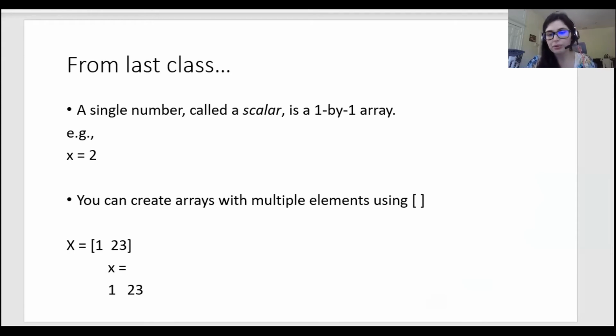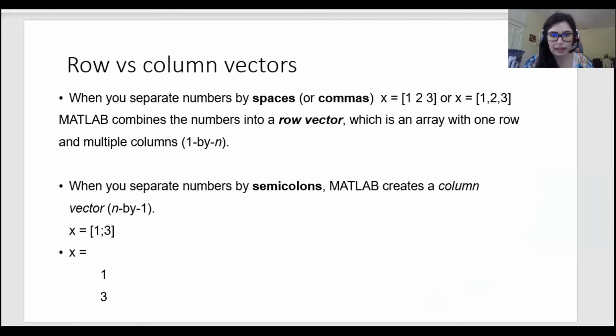It doesn't matter if you put a comma or just space them out, MATLAB will read it exactly the same way. If you space the elements or put commas in the square brackets, then MATLAB will read it as a row vector. And if you separate the values in an array with a semicolon, then MATLAB will create a column vector, like here, for example.